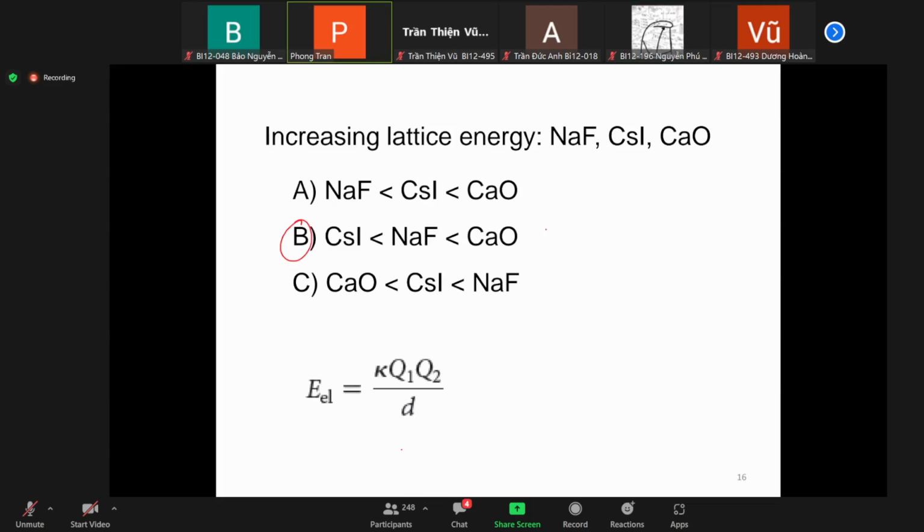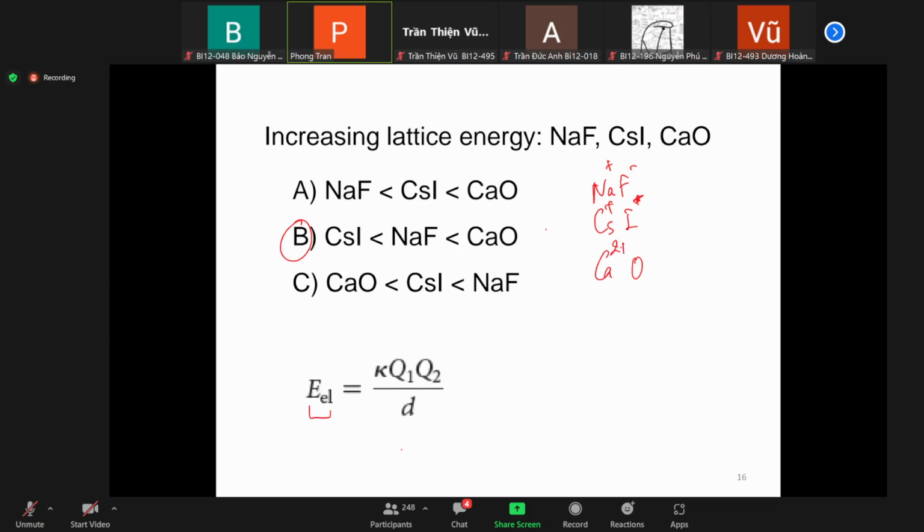You see that the lattice energy equals kappa Q1 Q2 over D. When you have sodium fluoride, that means you have one positive charge and one negative charge. Cesium iodide, one positive and one negative. Calcium, two positive.